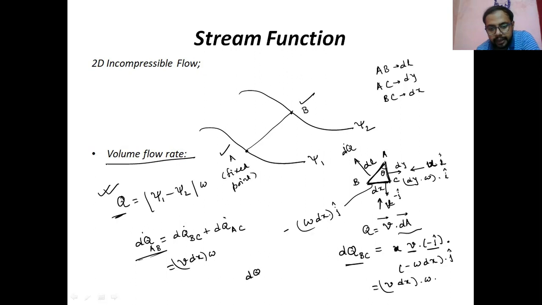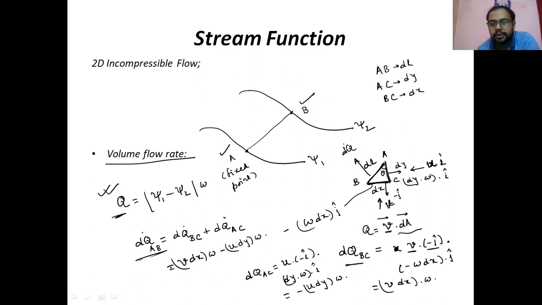So dq of AC is V dot dA. What is the velocity along AC? U is the magnitude and the direction is minus I, because it is going in the negative x direction. The velocity dot the area, where area is dy w into I, gives minus u dy into w.